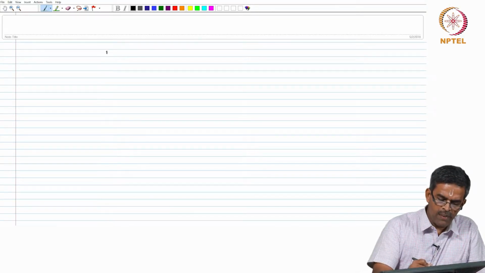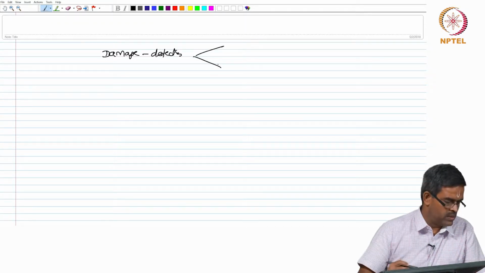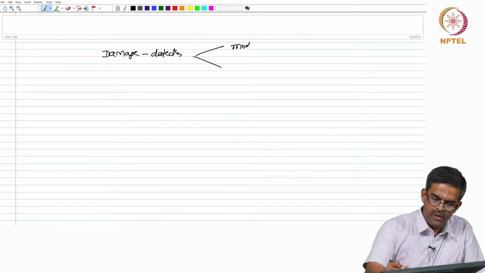If you talk about damage detection as seen in the above example, there can be two ways. One is model based, the other is model free.